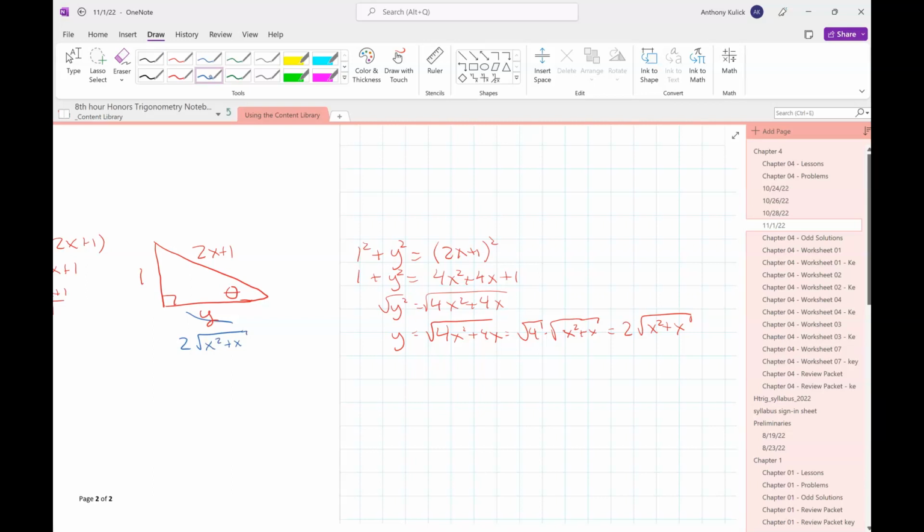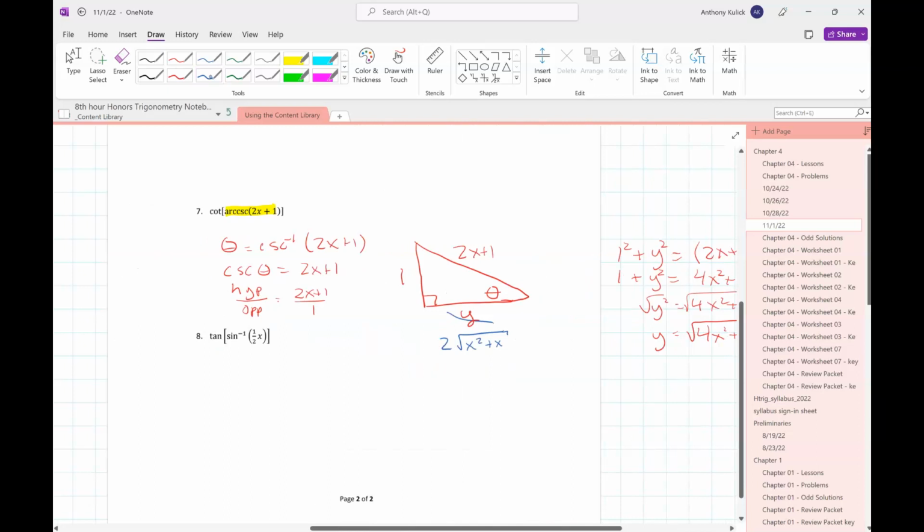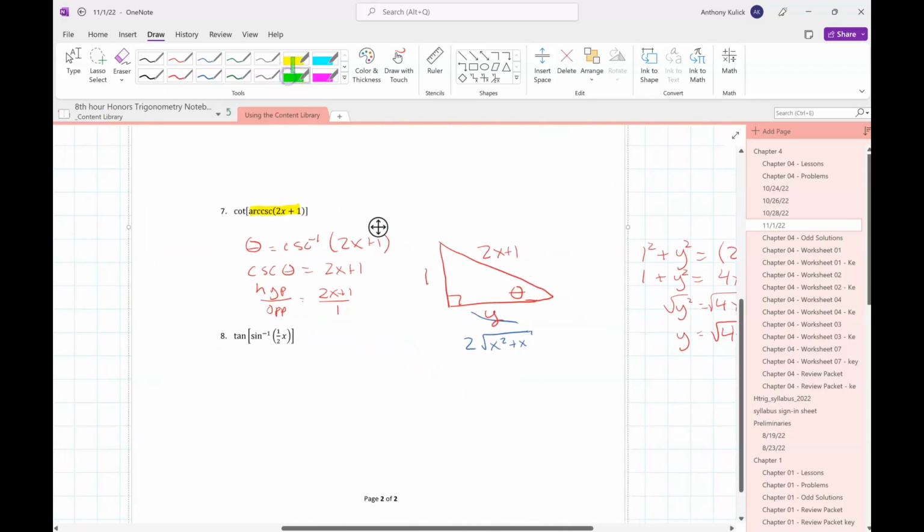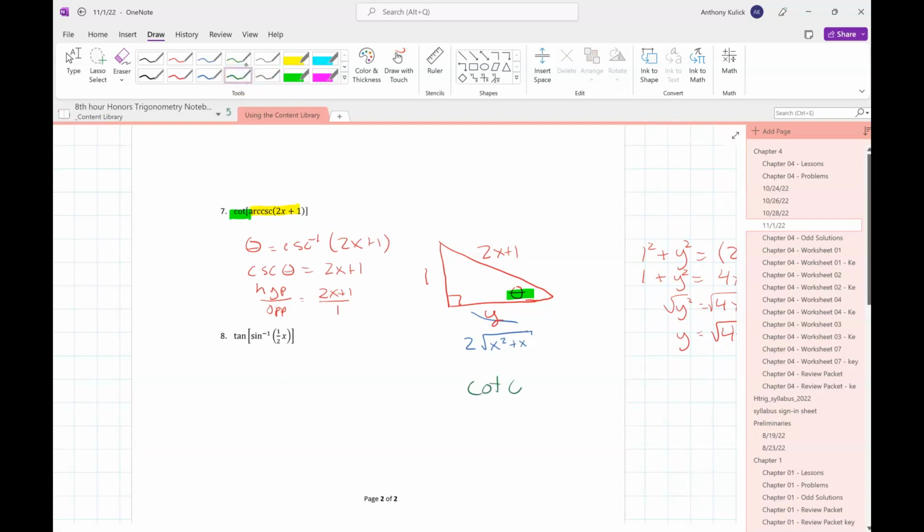Is that okay? And then my final step, I can do cotangent on this theta. So I know that cotangent theta is equal to adjacent over opposite.